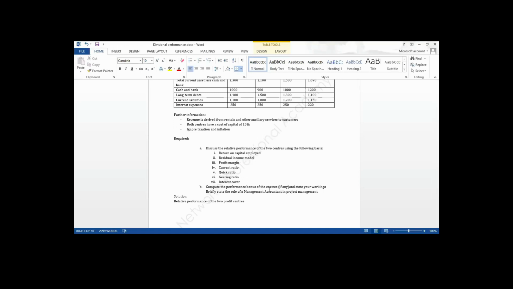A Roman figure 3, profit margin. What is profit margin? Your operating profit divided by your revenue. You can note it.